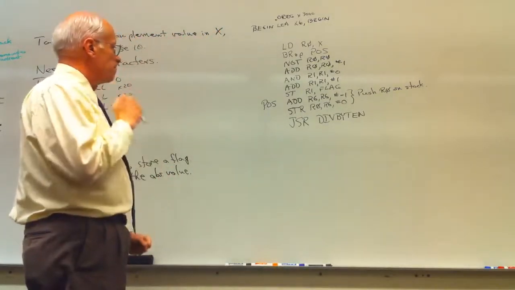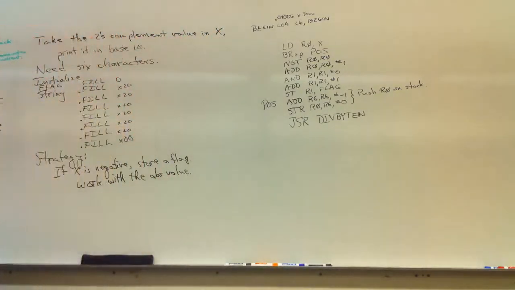Where's the remainder again on the stack? Is it second on the top of the stack? Okay. So if I do a pop, bring something off the stack, what it's going to bring in is that remainder.